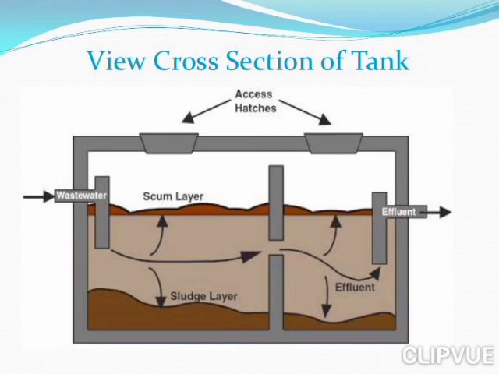The first layer is called the scum layer, the second layer is called the sludge layer, and after that the effluent is thrown out through the effluent pipe outside, after which the effluent water is sent for further treatment.